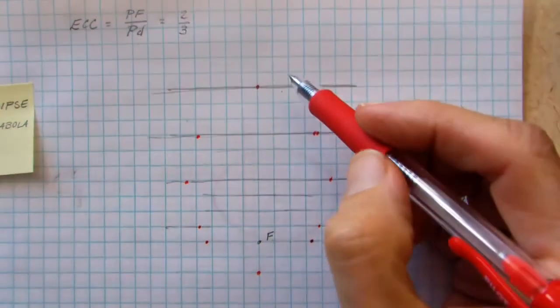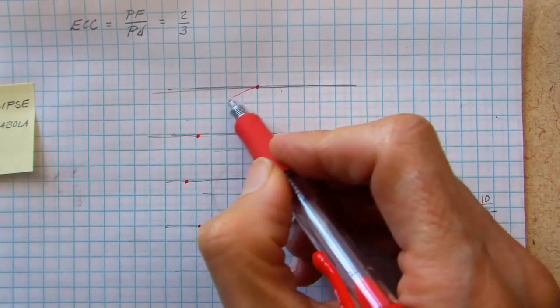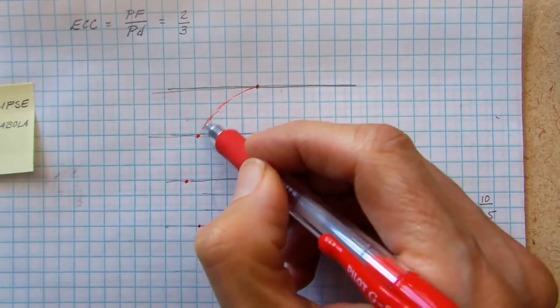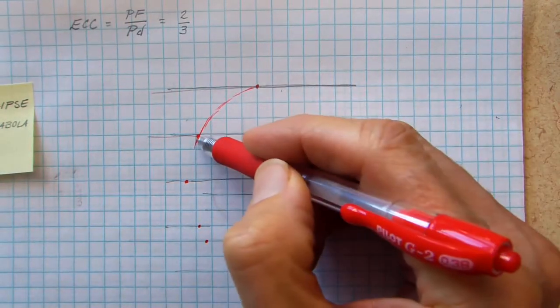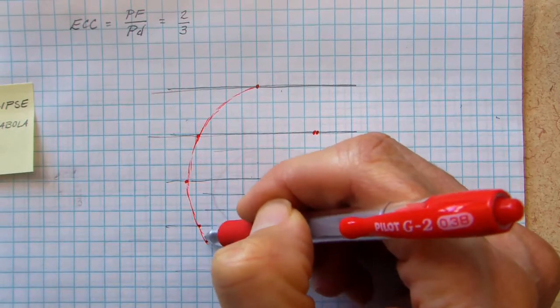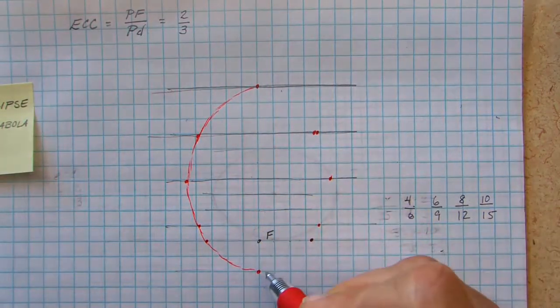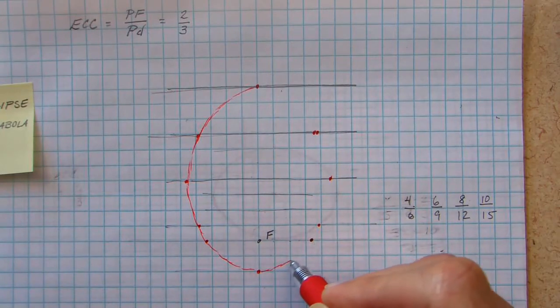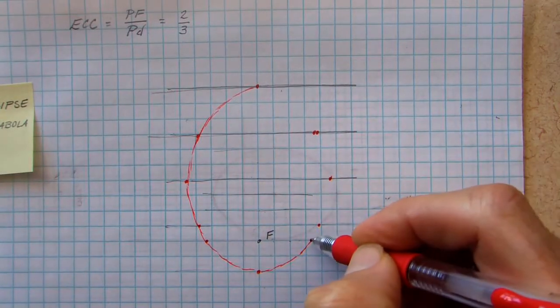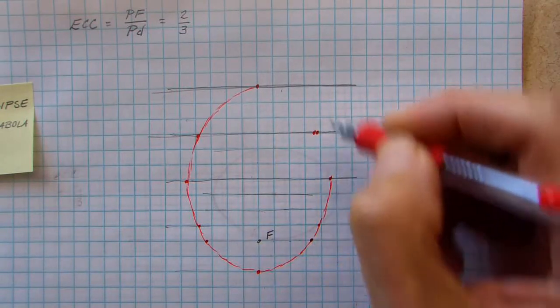So the ellipse, again, kind of roundish. We'll just try to keep bringing them around like so. Again, it's a very rough sketch of the ellipse. And all the points along here will satisfy that 2 to 3 ratio.